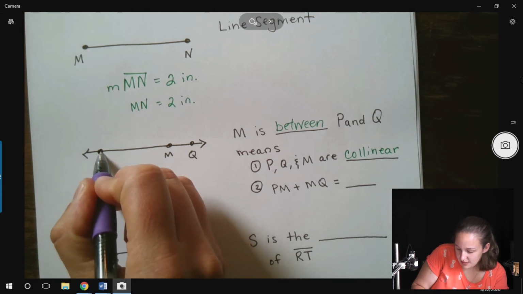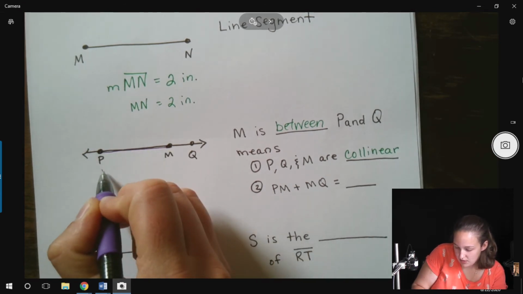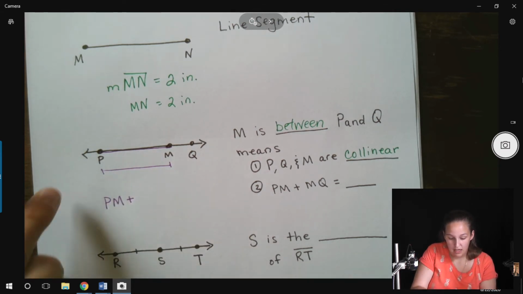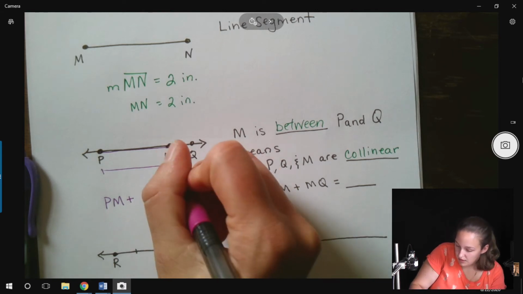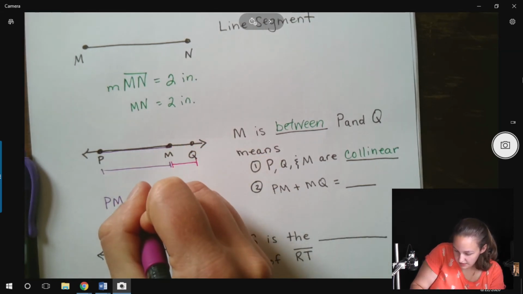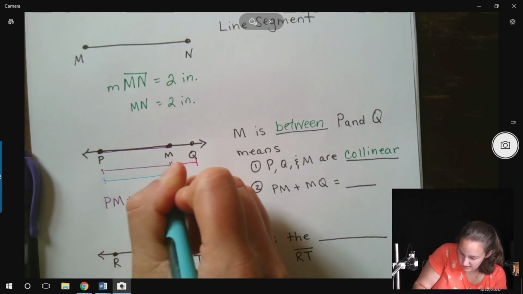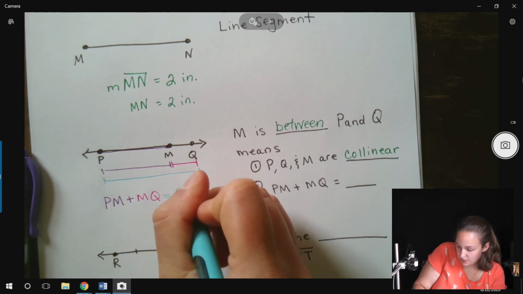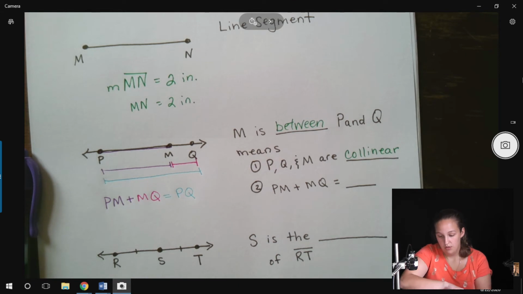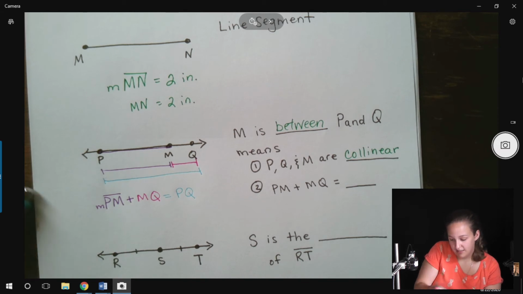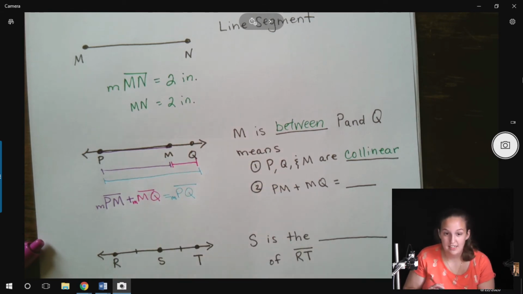If you get this distance from M to P, that PM plus the distance between M and Q, MQ, is going to equal this distance, the distance between P and Q. You can also, remember, do the measurement of this plus the measurement of that equals the measurement of that.